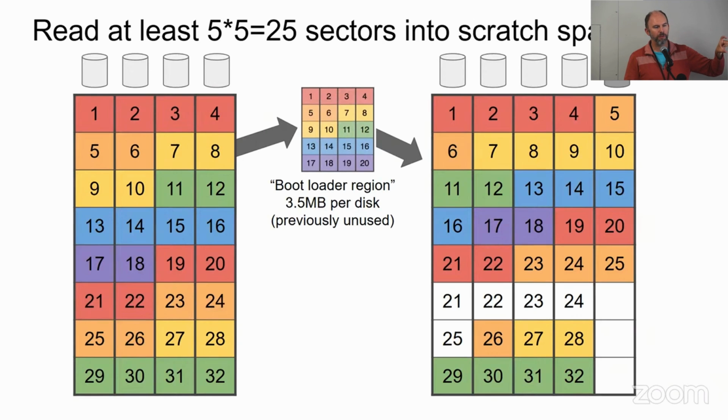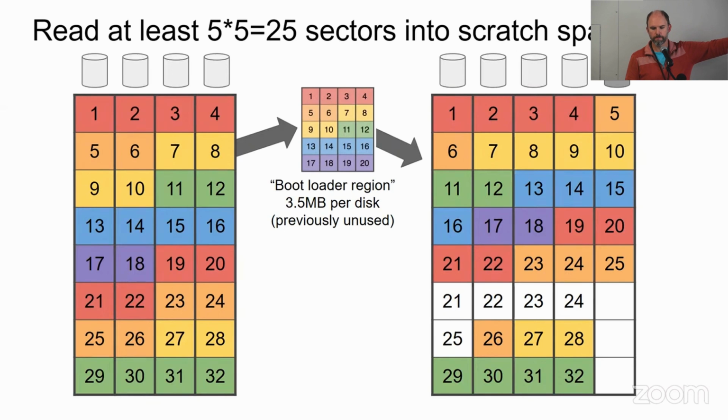So basically we can copy the first 3.5 megabytes of each disk into this reserved region that's on each disk. And now the data is in 2 locations, this reserved region and the original location. And then we can overwrite the beginning of the real locations with all the newly formatted reflow data. So this is showing what happens there.